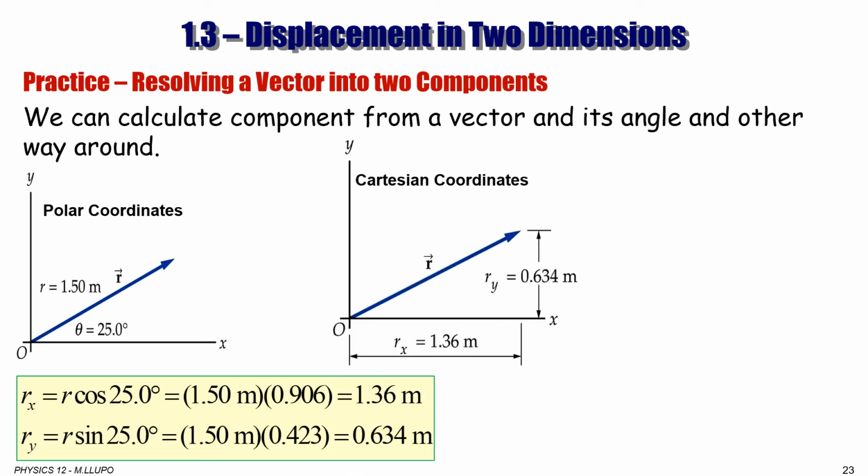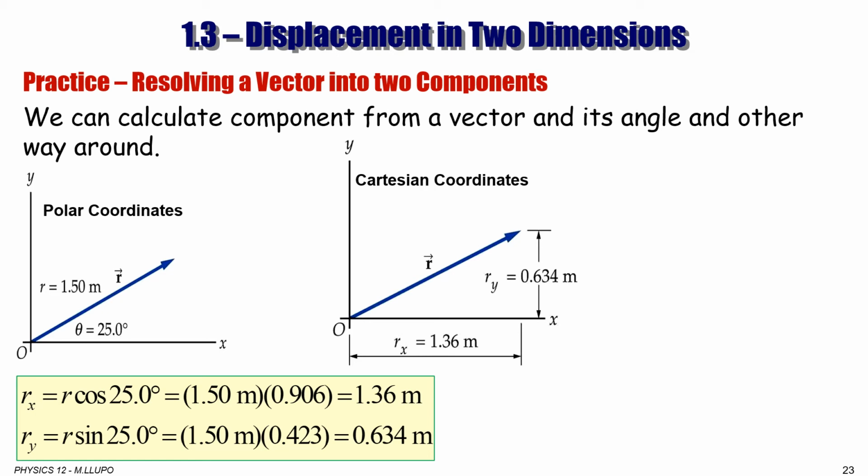Now the next one is, what if you have those two? So you have Rx and Ry. How do you go in reverse and find the magnitude of R and the angle that vector forms with the x-axis?